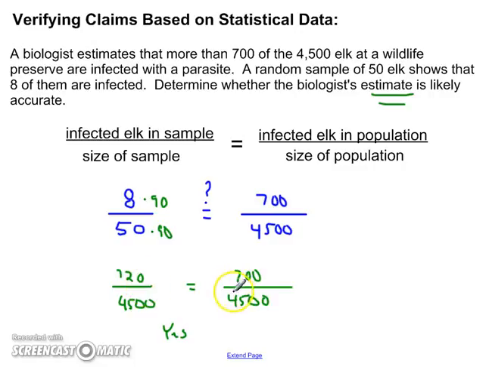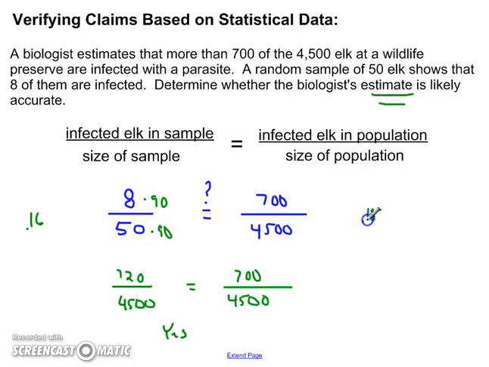Now again, if you didn't want to do fractions, we could do decimals. I'm just going to use a calculator. If I go 8 divided by 50, the decimal representation is 0.16. 700 divided by 4,500 is 0.156.